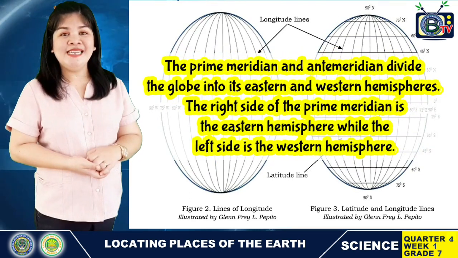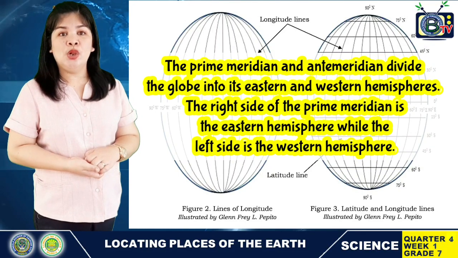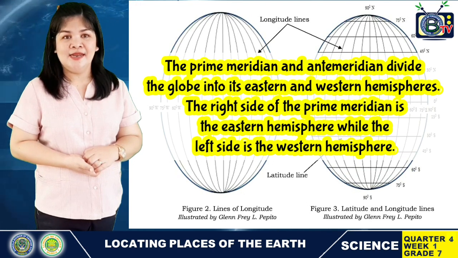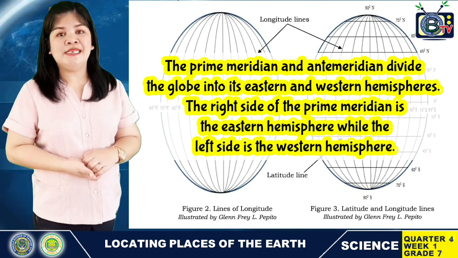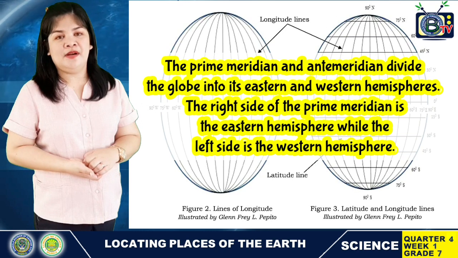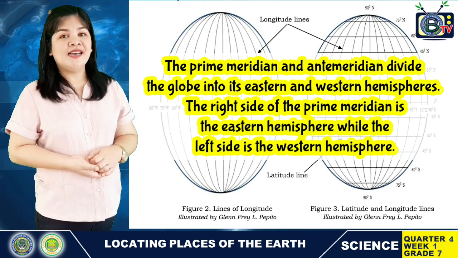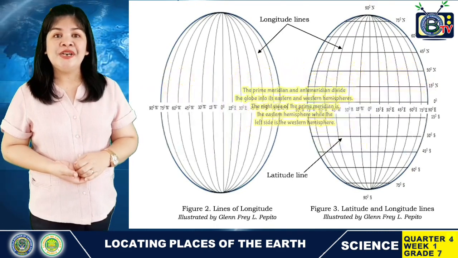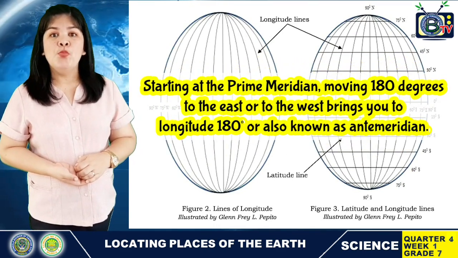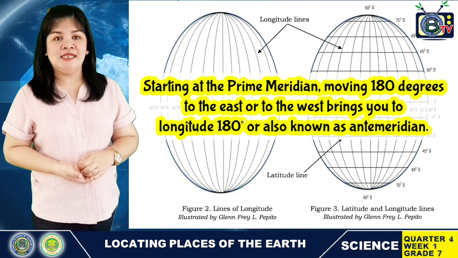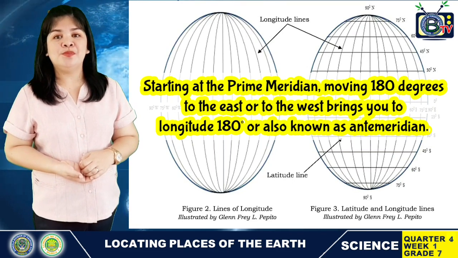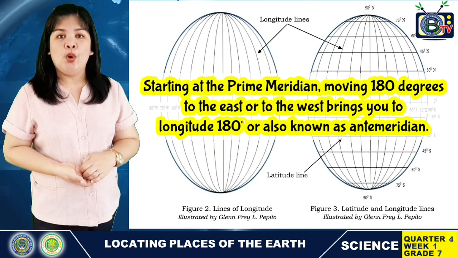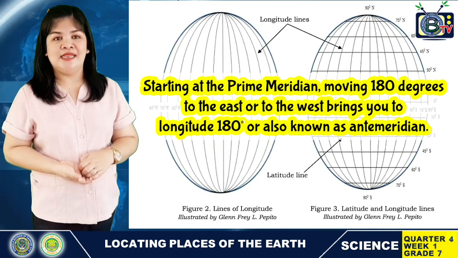The prime meridian and anti-meridian divide the globe into its eastern and western hemispheres. The right side of the prime meridian is the eastern hemisphere, while the left side is the western hemisphere. Starting at the prime meridian, moving 180 degrees to the east or to the west brings you to longitude 180 degrees, also known as the anti-meridian.